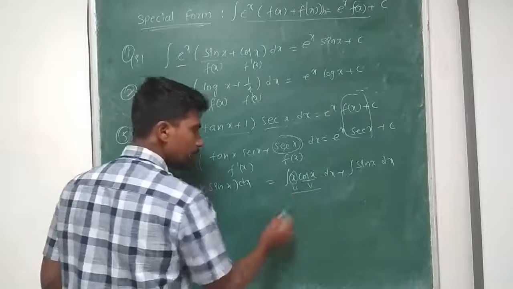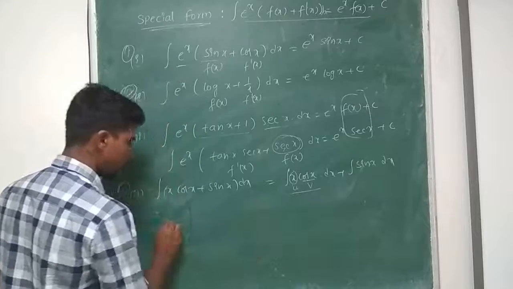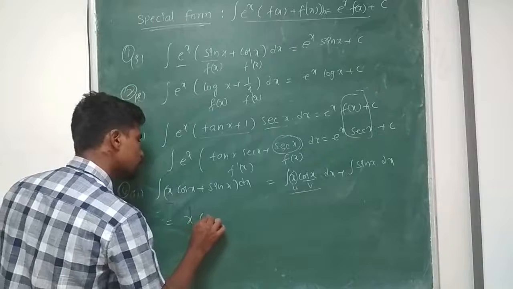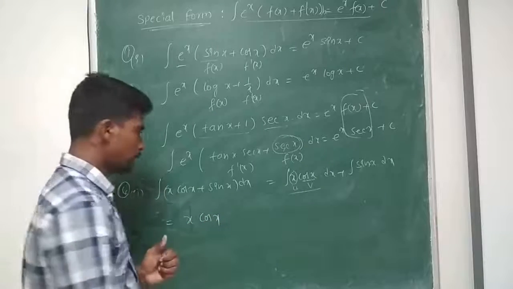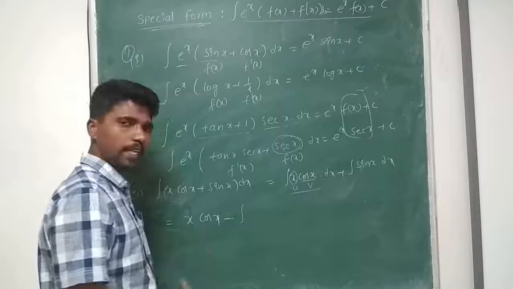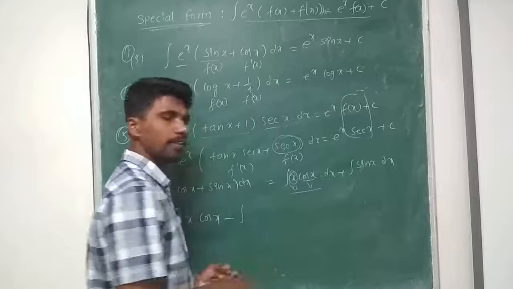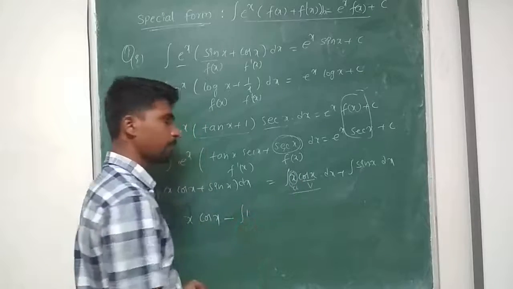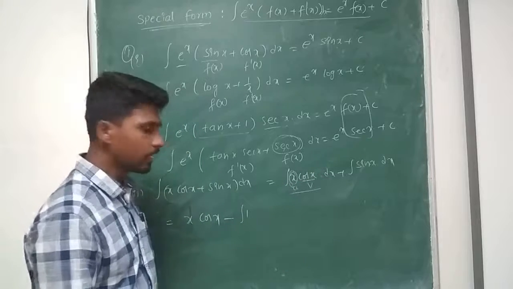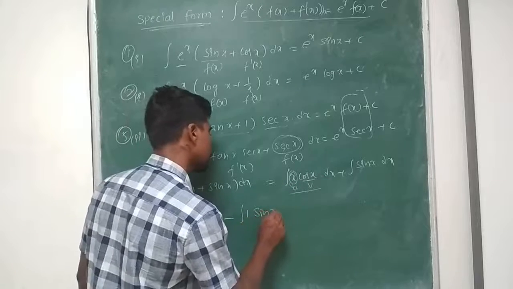So if I find the solution for this one, I get u into integral v, so x into sin x, minus integral of du by dx. The derivative of x with respect to x is 1, and the integral of cos x is sin x.